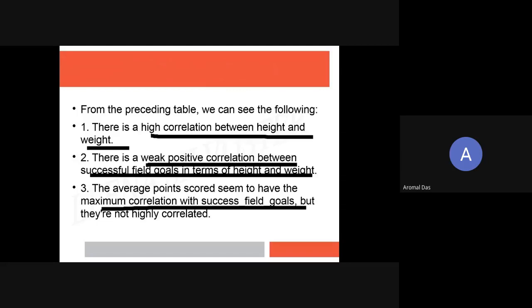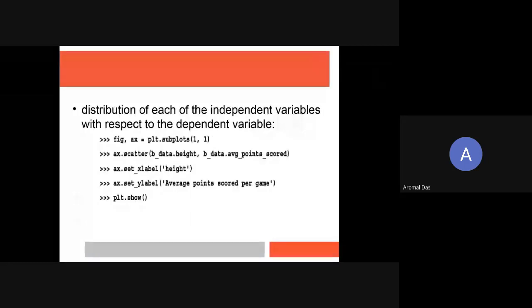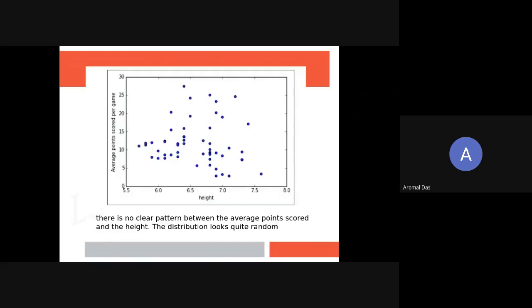The distribution of these independent variables with respect to the dependent variable can be obtained using a scatter plot. So we had discussed this scatter plot earlier. So we can plot between height and average point scored. So you will be getting a plot like this.